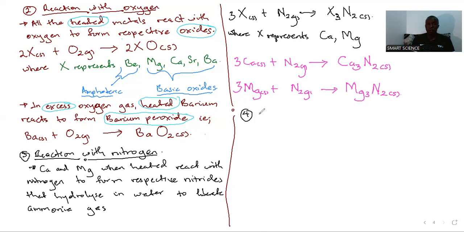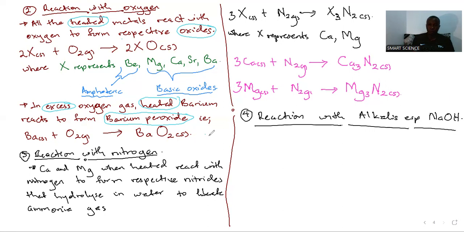Number 4, we can look at reaction with the alkalis, and this one is especially sodium hydroxide. When we consider this property, it is beryllium which has the ability to react.